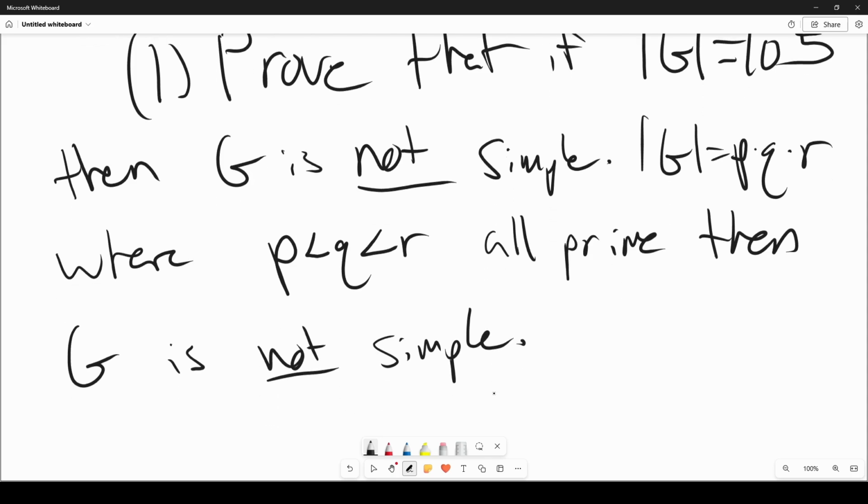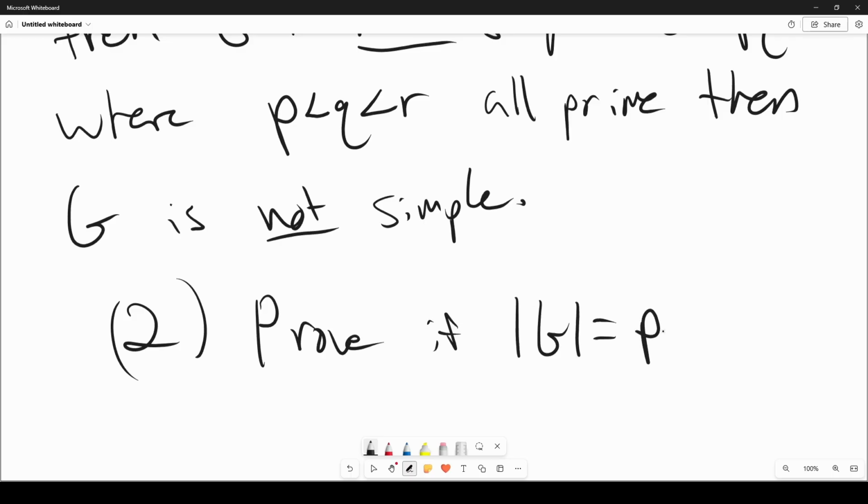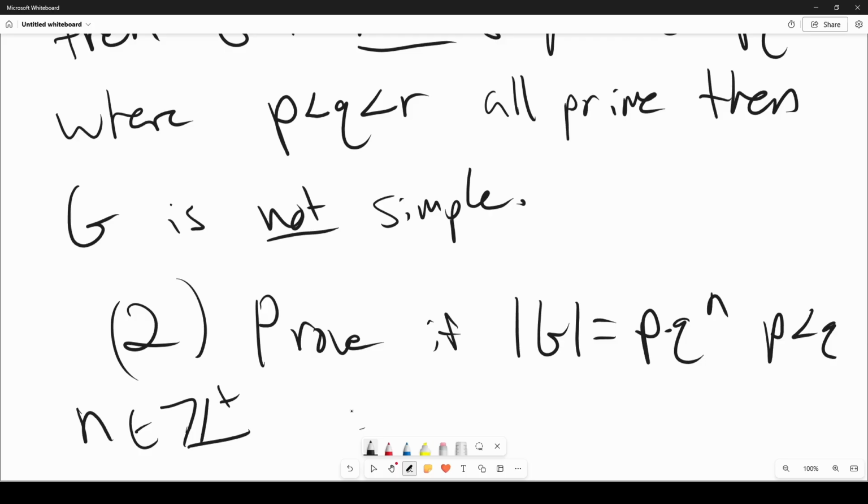Second example is prove that if the order of G equals P times Q to the N, where P is less than Q and N is some positive integer, then G is not simple.